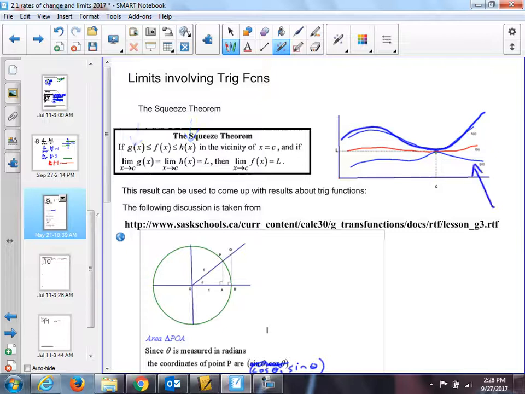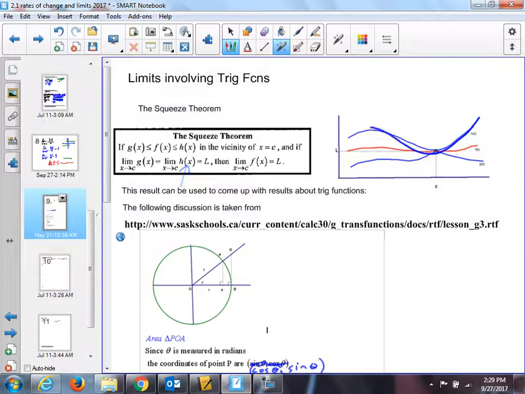Here's my g. Now, in the vicinity of some value x equals c, and here's my c on the picture, if the limit of g as x approaches c is equal to the limit of h, the value when you plug in c for that one.